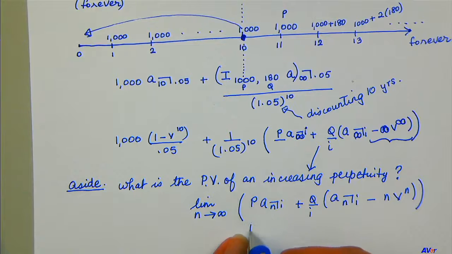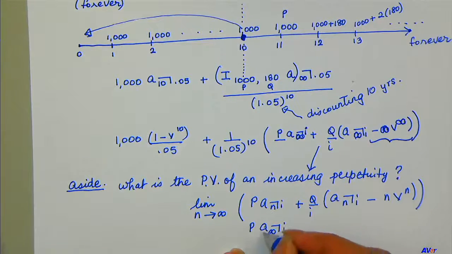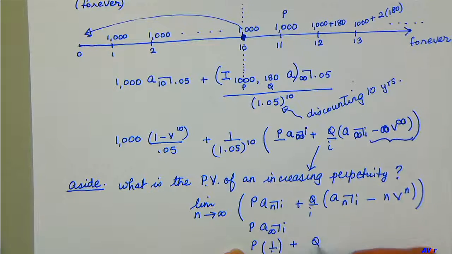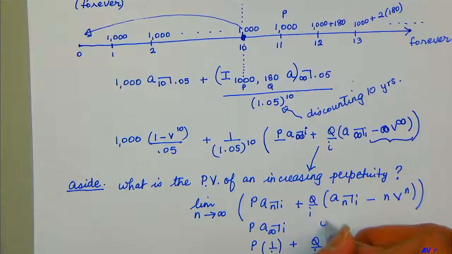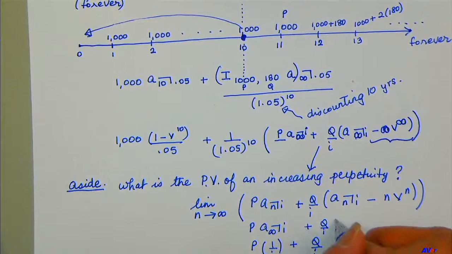So I have P A angle infinity I, but this one, I know that A angle infinity I is 1 over I. Remember that? The present value of a regular perpetuity is 1 over I. So P times 1 over I plus Q over I times, so here I have plus Q over I, A angle infinity I.